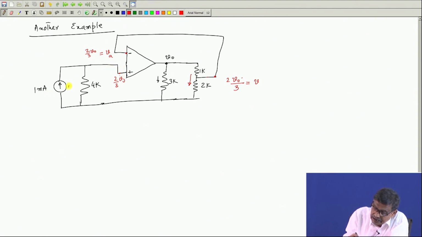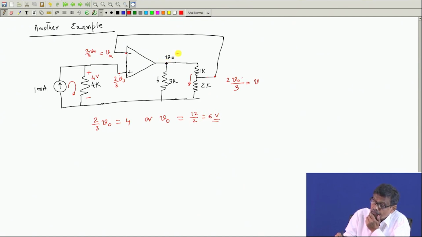Therefore, this 1 milliampere will circulate here, and what will be the voltage between these 2 points? The potential between these 2 points will then be 4 volt, 4 k into 1 milliampere. So, this voltage is known. So, 2/3 of V naught must be equal to 4 volt, or V naught will then be equal to 12 by 2, which is 6 volt.